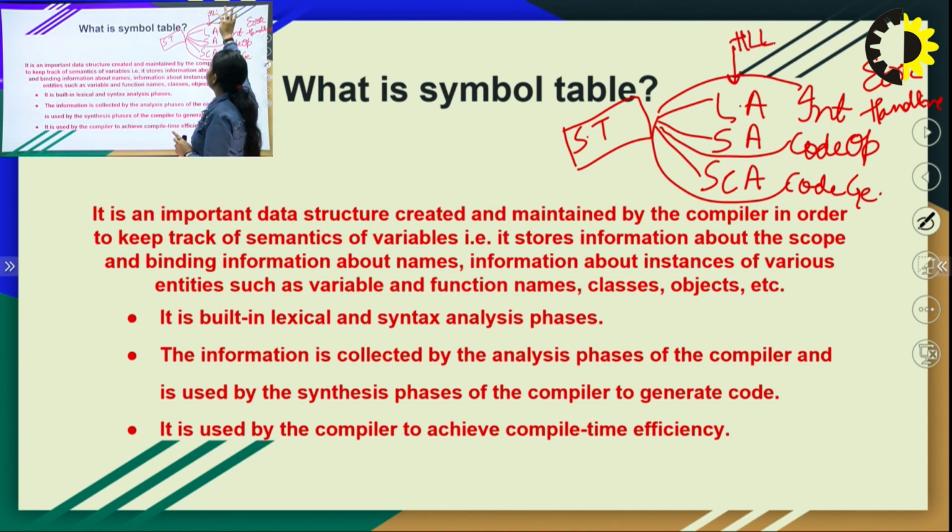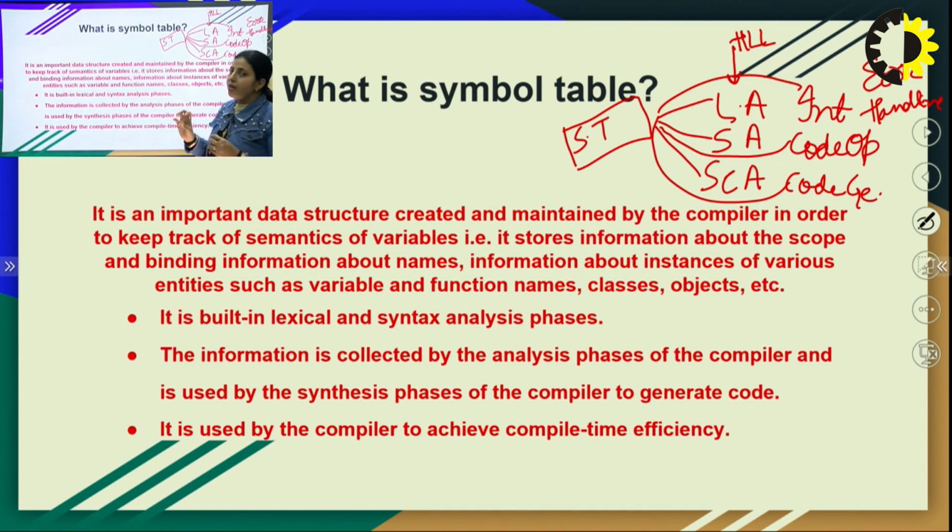The lexical analysis phase produces an output that is the stream of tokens, means it converts the code written in high level language into a stream of tokens, which is the input for the next phase, that is the syntax analysis phase. And what does the syntax analysis phase do? It converts the stream of tokens into a syntax tree.